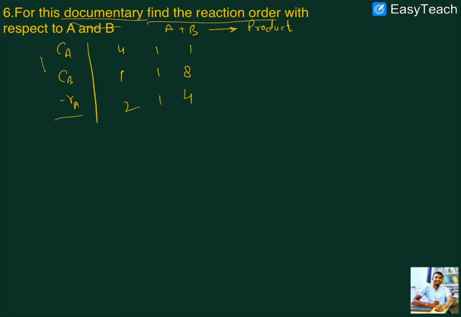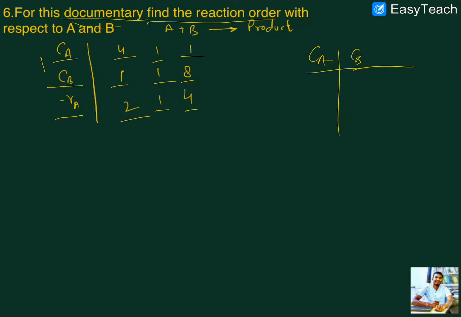So we have been given a rate of reaction with respect to CA, CB. When CA is 4, CB is 1, then rate of reaction is 2. When CA is 1, CB is 1, rate of reaction is 1. When CA is 1, CB is 8, and rate of reaction is 4. So it goes something like this.